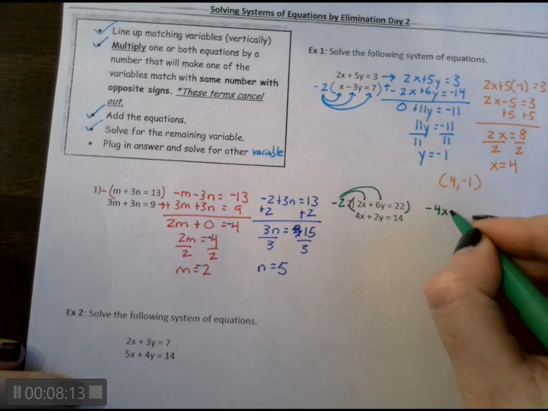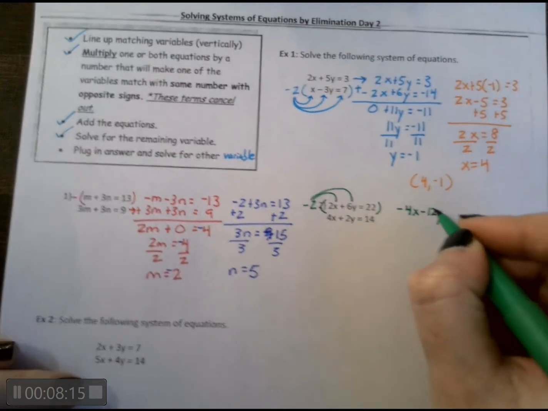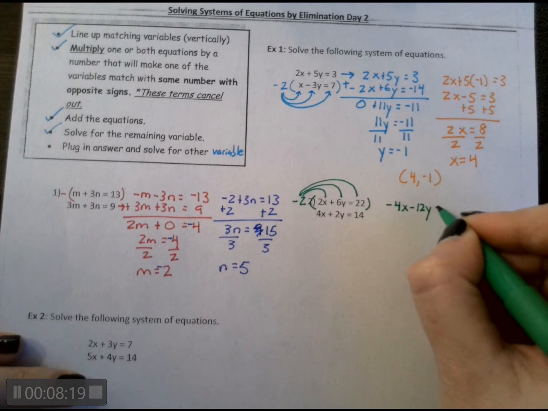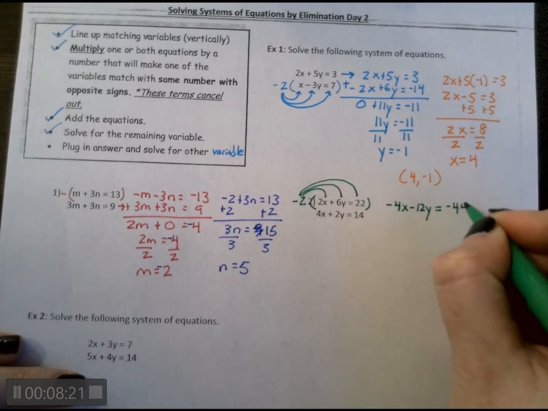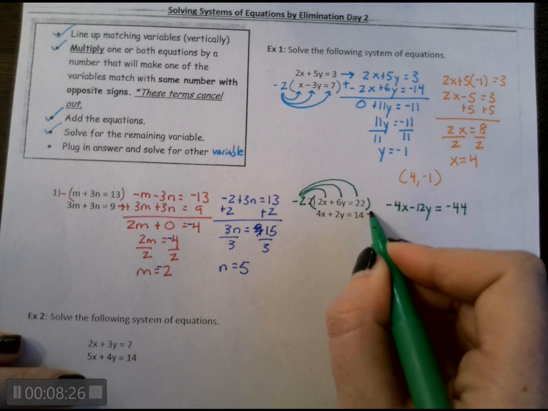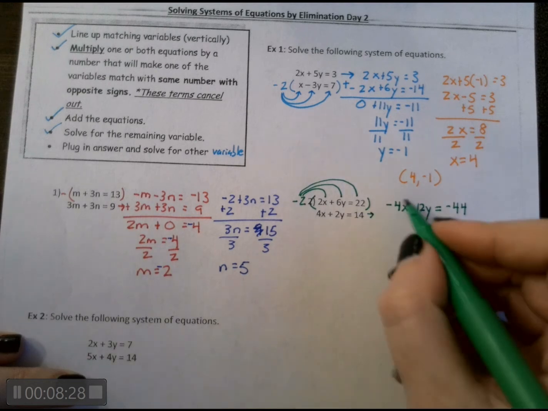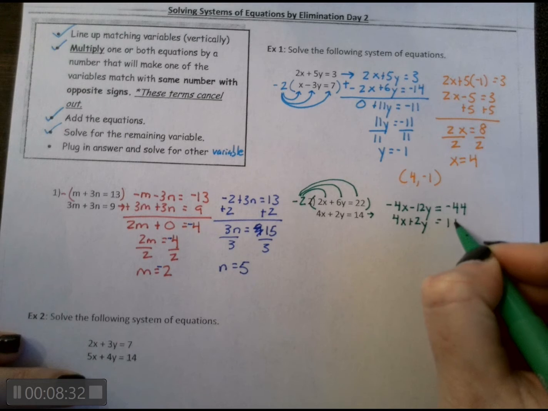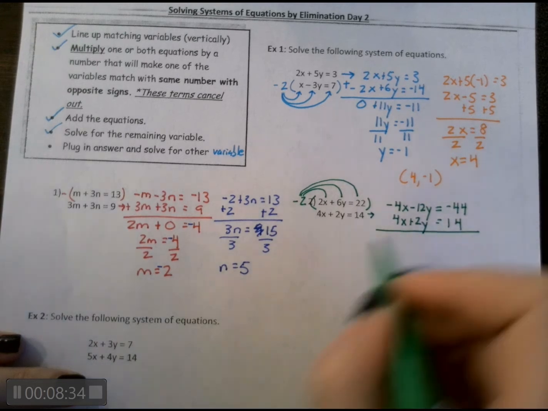Negative 2 times 6y is going to give me negative 12y. And negative 2 times 22 is going to give me negative 44. And then we're just going to copy this one down exactly as we see it. So 4x plus 2y equals 14.